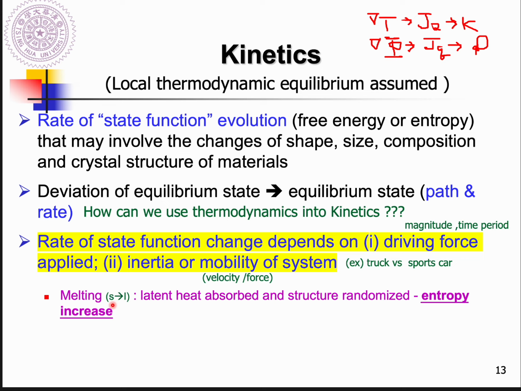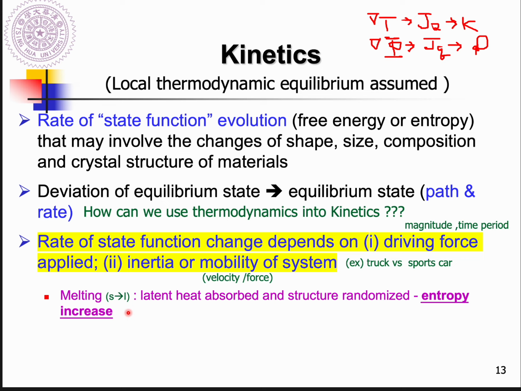So when the ice has absorbed sufficient energy, then the structure of the ice will randomize and become liquid, right? So in this case, if you use the temperature as a state function, then is this a kinetic process?